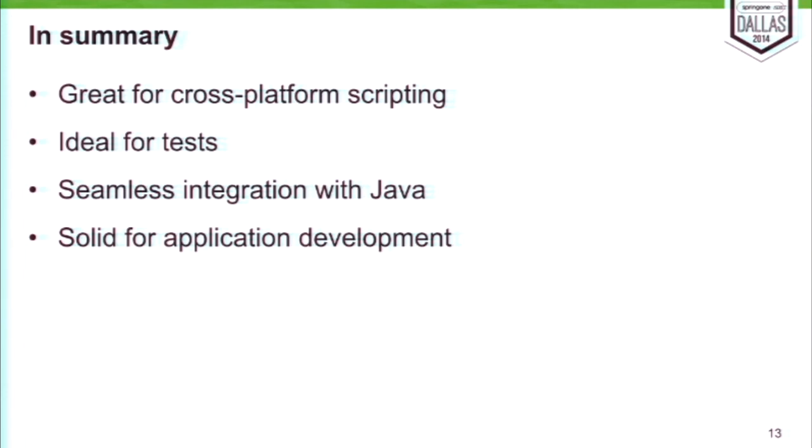OK, so the question was, in what way is it easy for Java to call into Groovy? All you need is the Groovy jar file, and Groovy classes compile into Java bytecode classes. It's just a method call.